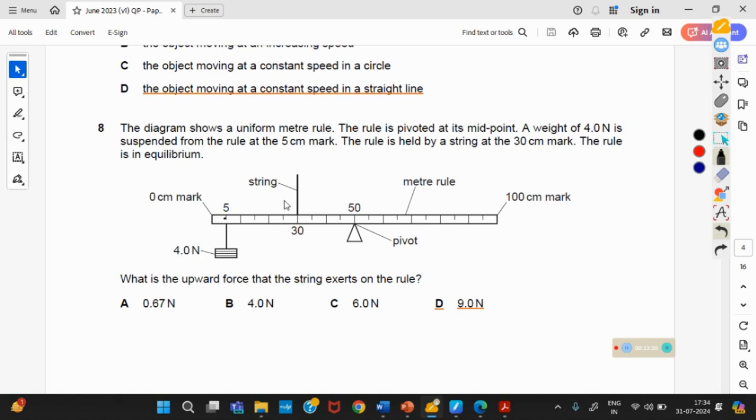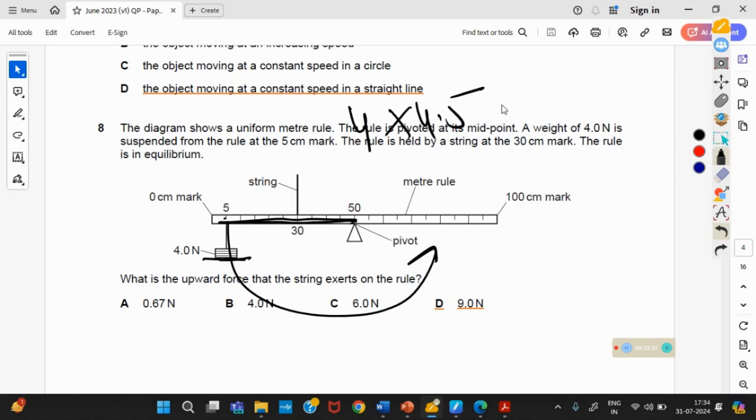Calculate the anticlockwise moment. So the anticlockwise moment is 4 times... moment is what? Moment is force multiplied by the perpendicular distance of the force from the pivot. And you can see that this distance is 4.5 centimeter. This should be equal to the clockwise moment.